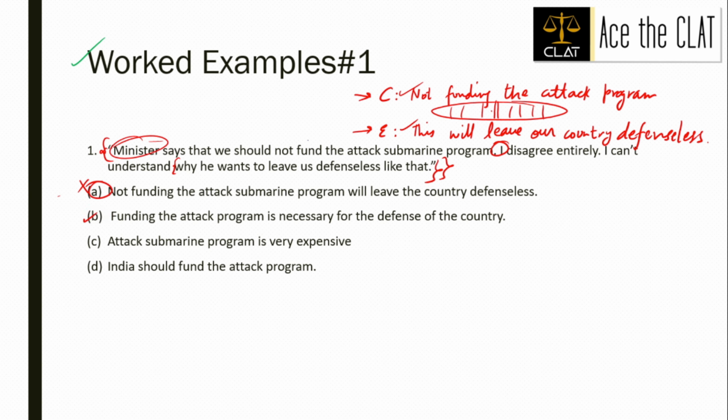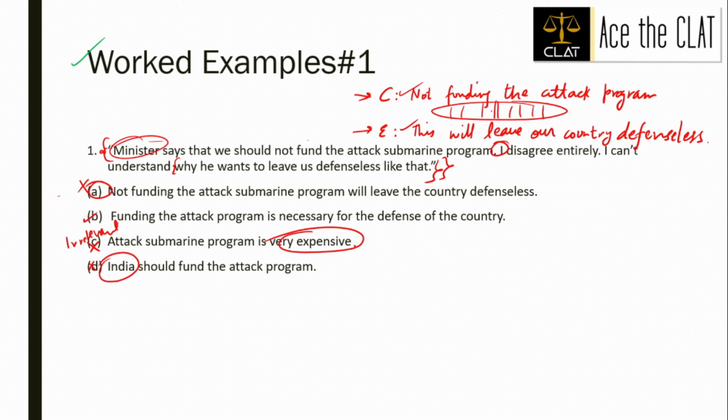C and D are obviously incorrect now, but let us look at C and D. C says attack submarine program is very expensive. Well, the cost of the attack submarine program is not relevant here, right? That is why this option is irrelevant and hence not correct. Option D is also very weak because it says that India should fund the attack program.